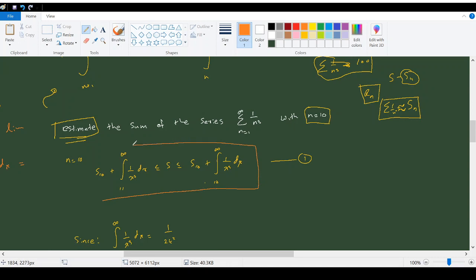And by using this inequality, only with 10 terms we were able to approximate S, which is in this case 1.021, for an accuracy of 0.0005.